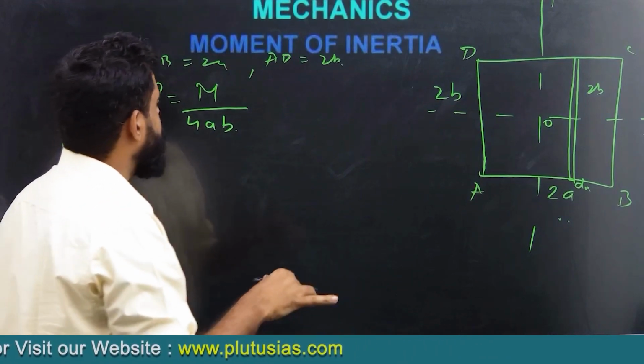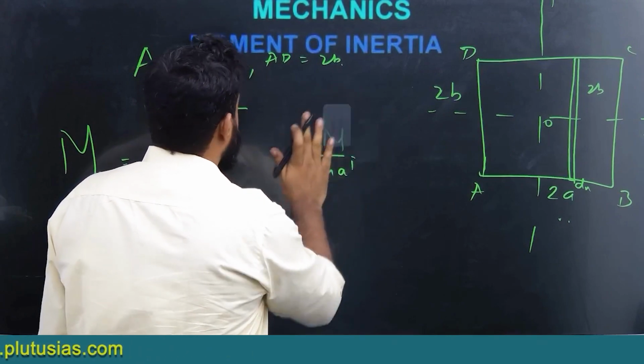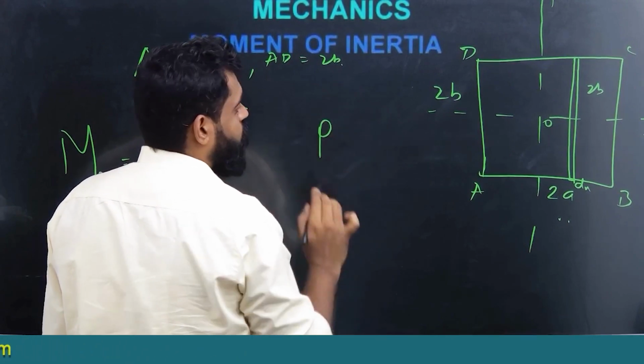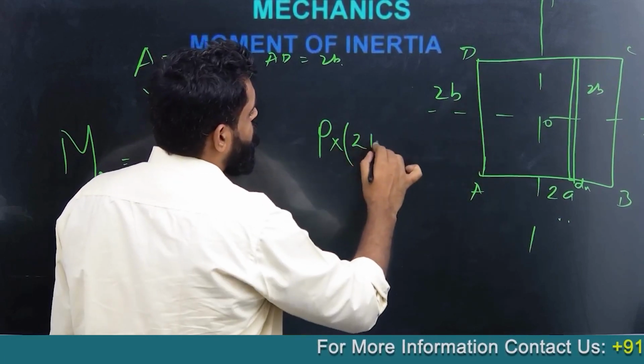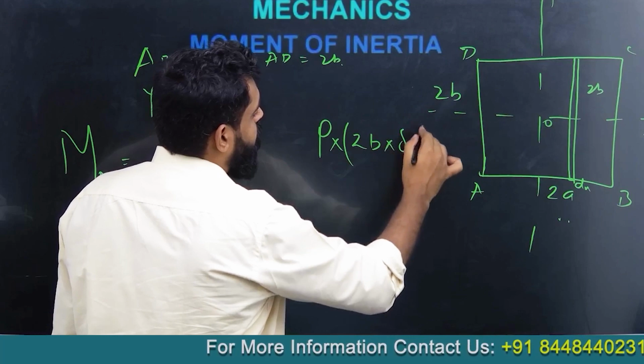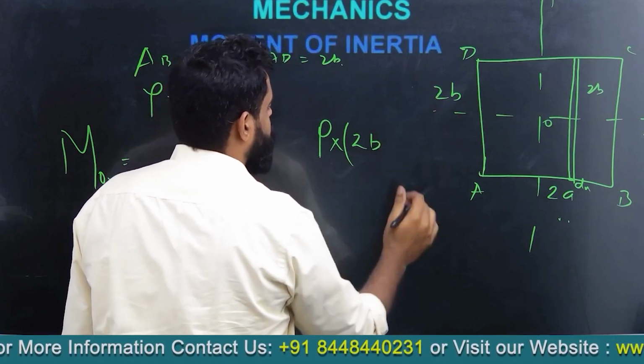Mass would be nothing but M upon 4AB, the surface density rho, into the area, which would be 2B into dx.